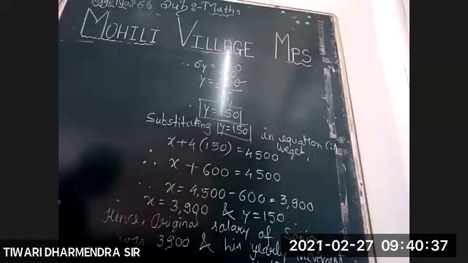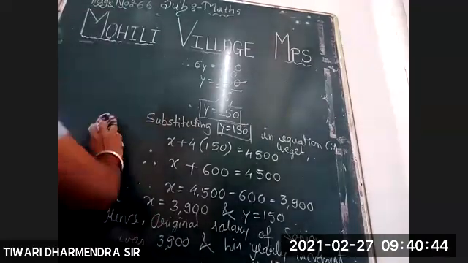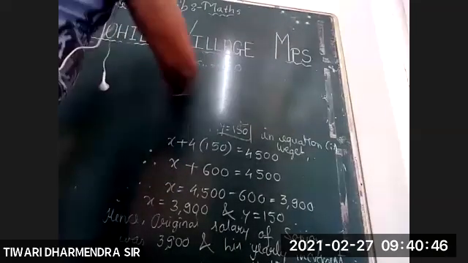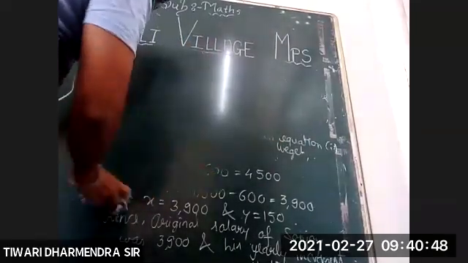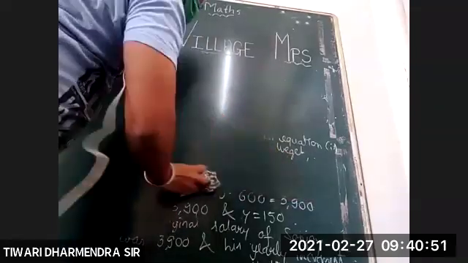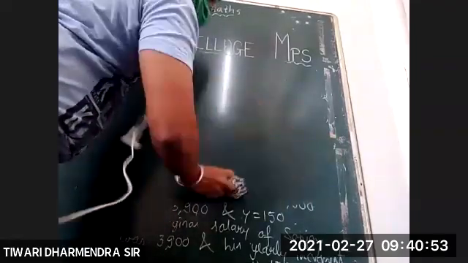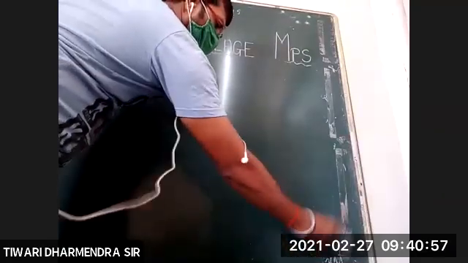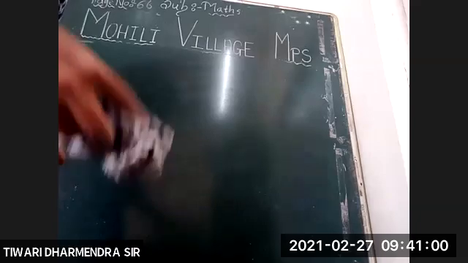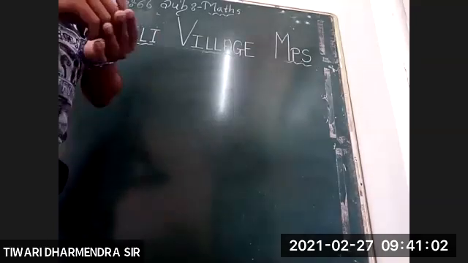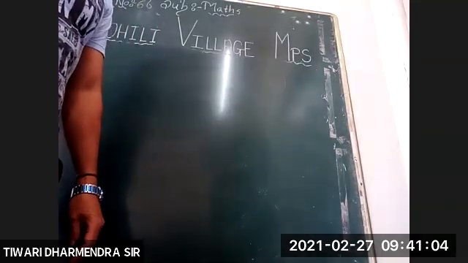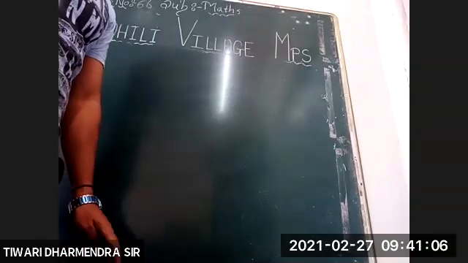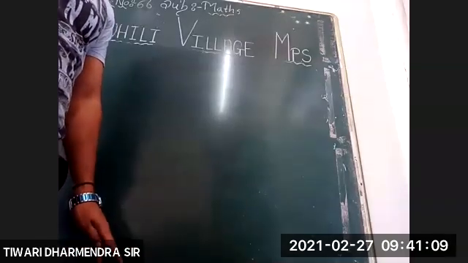So let me frame the equation for you, that is question number 6, and then we will stop. The price of 3 chairs and 2 tables is 4,500 rupees, and the price of 5 chairs and 3 tables is 7,000 rupees.